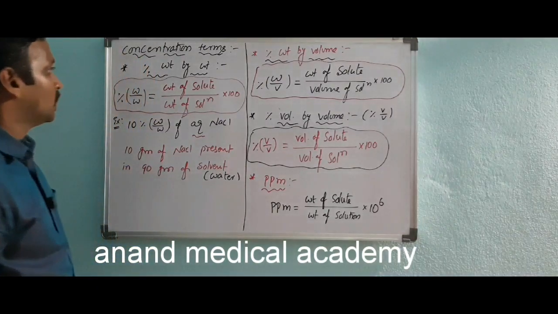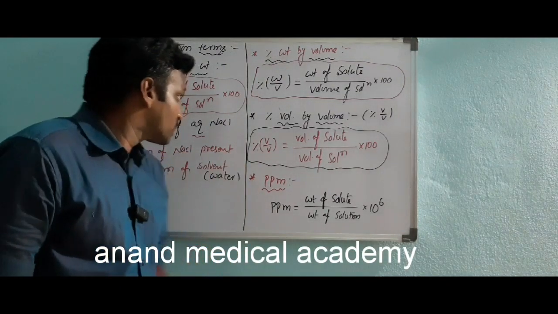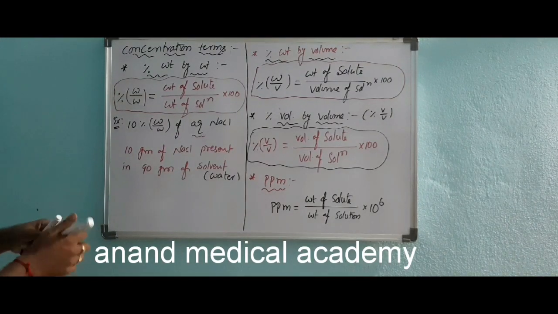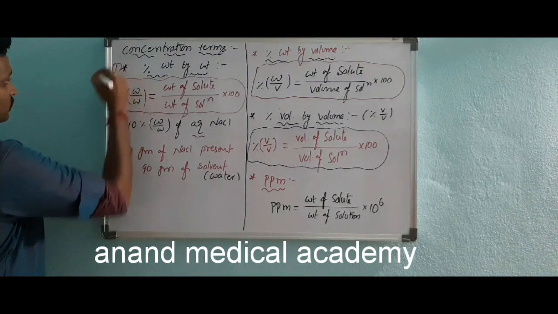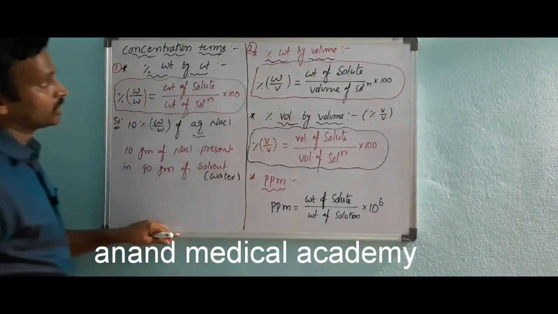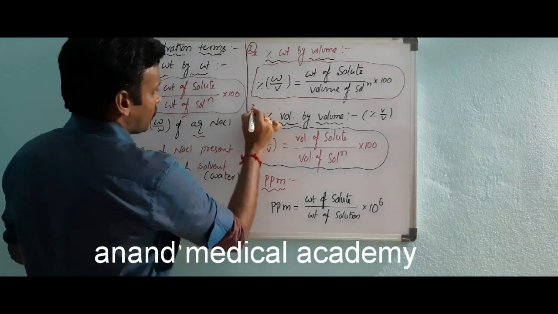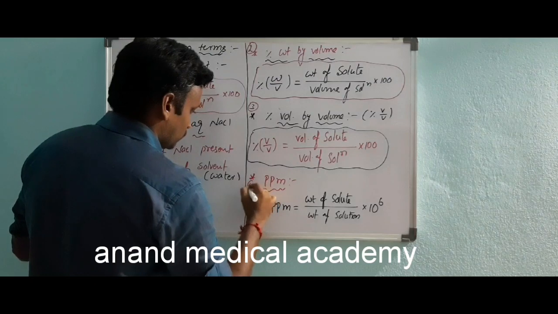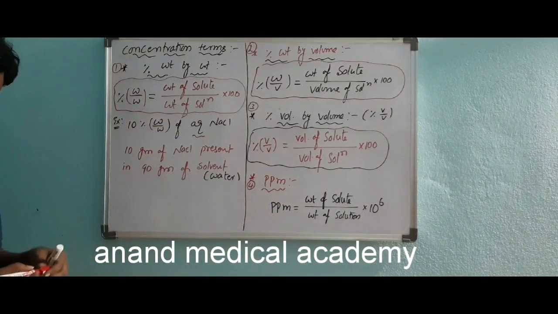We discussed 4 concentration terms. One is percentage weight by weight, here we discussed percentage weight by volume, here percentage volume by volume, and here ppm. What's the ppm definition?